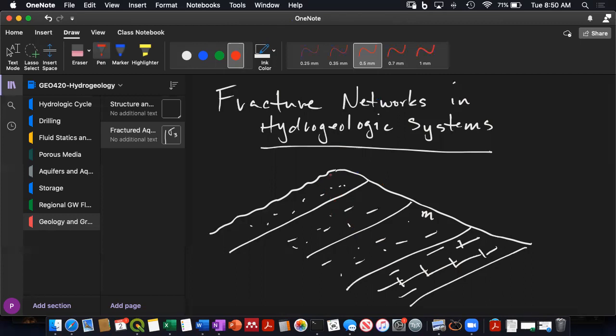So in the Belt, for instance, we might have a fracture network that looks something like this. And the general orientation of the fractures does not have to be parallel to bedding, and in many cases is not.